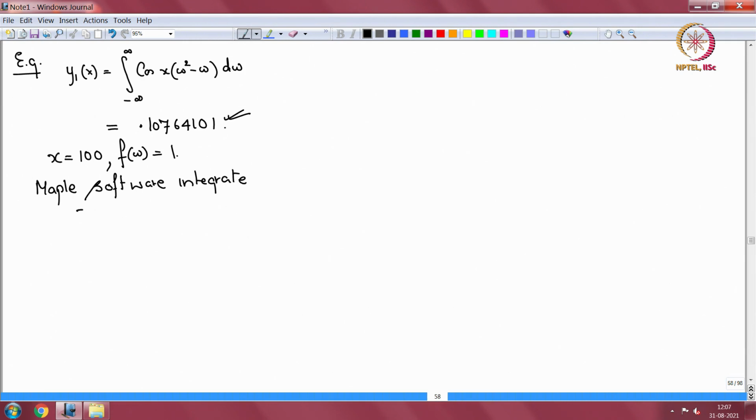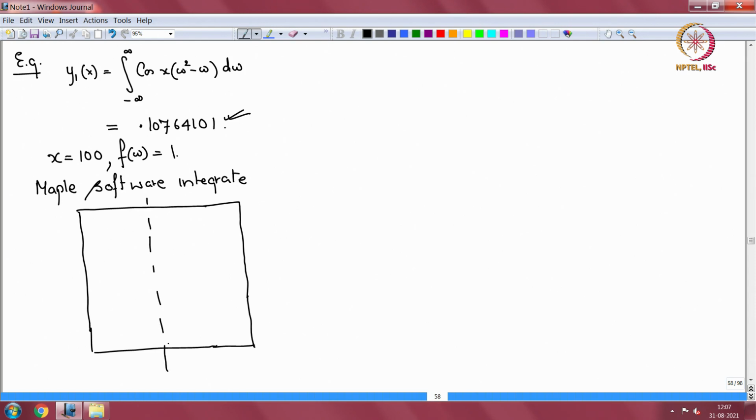I'll show you the numerical values: the omega limits and then the integral value.